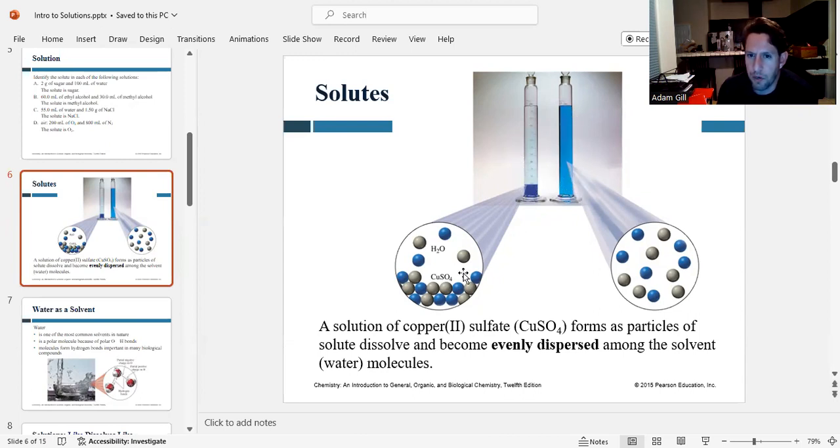And so initially the particles were all clumped together at the bottom, and then once they've dissolved, they're spread out evenly in the liquid. And so this is to illustrate that a solution has the solute particles evenly spread out through the entire volume. They don't just settle down to the bottom by gravity. They stay evenly spaced out in the solution.